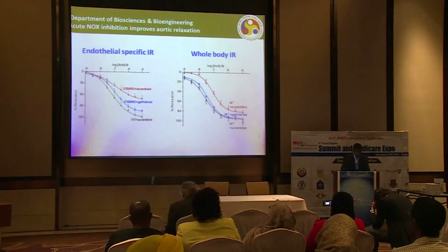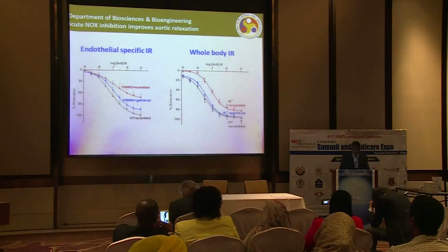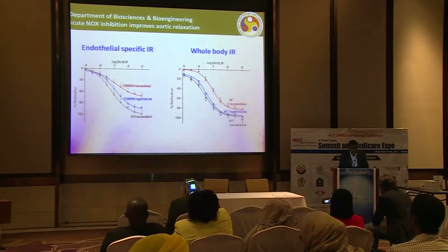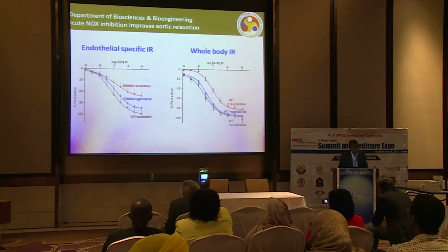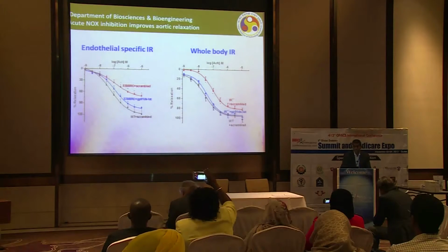We have used two models of insulin resistance: endothelial specific insulin resistant mice, genetically manipulated, and whole body insulin resistant mice, again genetic transgenic mice. In both of these, the vascular relaxation was impaired, but when we treated these vessels, the aorta, with this peptide which inhibits NOX, it was significantly improved to wild type level.